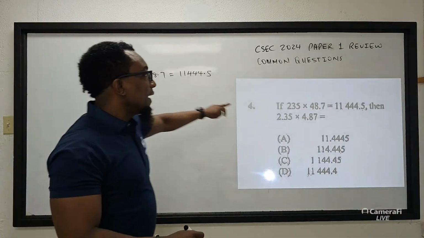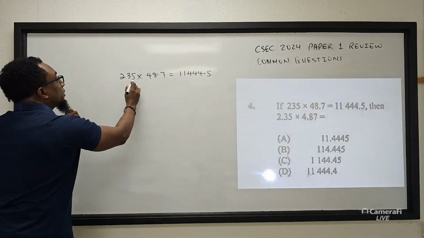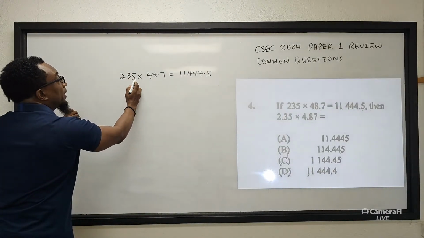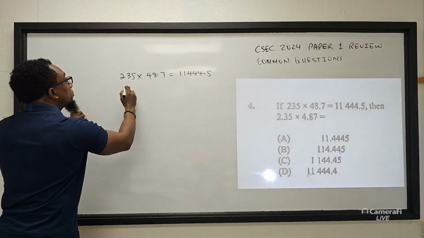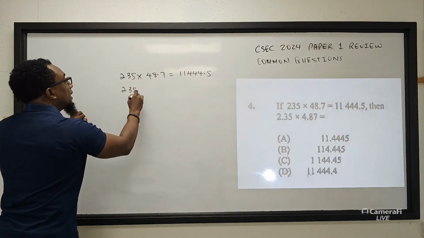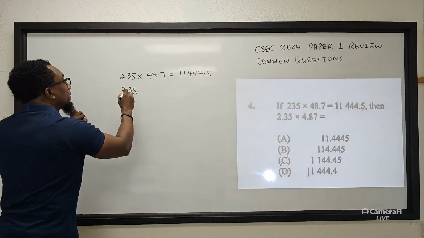Then 235 becomes 2.35 if I take the point, which is understood after the 5, and move it 2 places to the left.